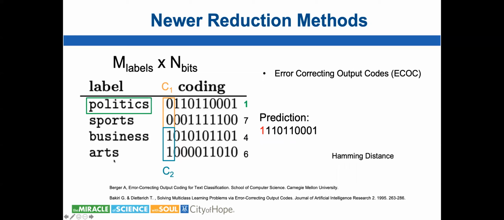And essentially what we're doing is we're creating something called a code. This code is a binary string made up of n bits. And this number could be arbitrary, it could be intentional. But one thing that you have to keep in mind is that when you create this binary string, that is supposed to be uniquely represented for a particular label, it has to be drastically different from the other labels.